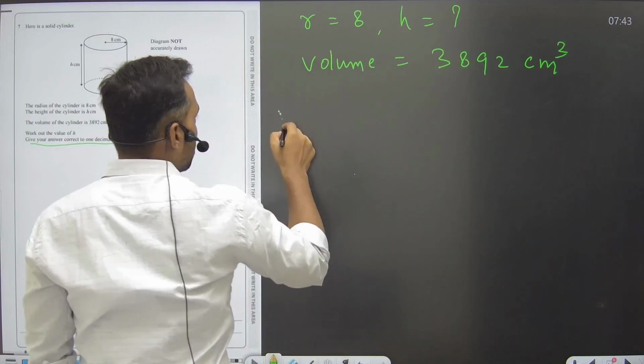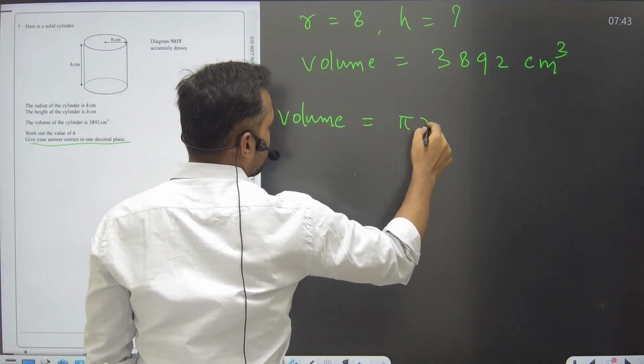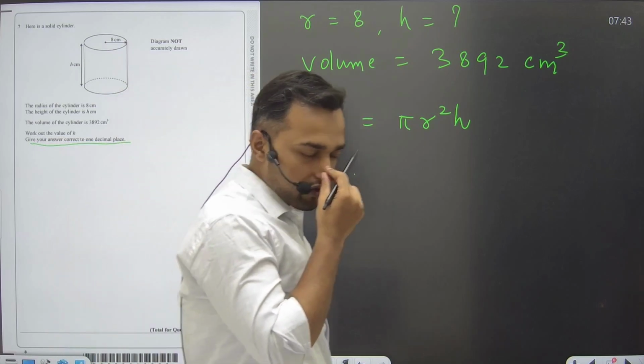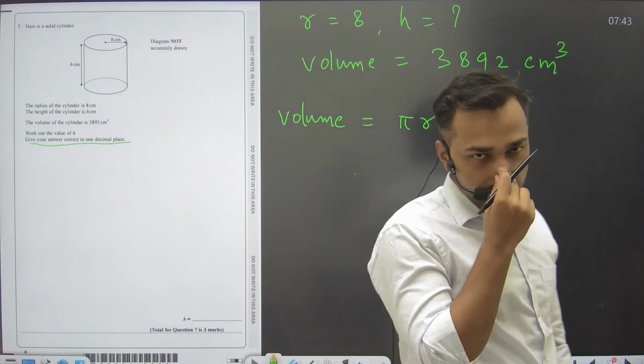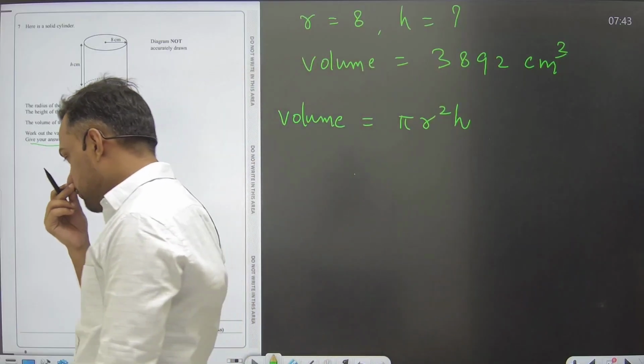So we know that the volume of a cylinder is given by pi r square h. This is mentioned on the introductory pages of your question paper as well. If you want, you can look for the volume of the cylinder formula.